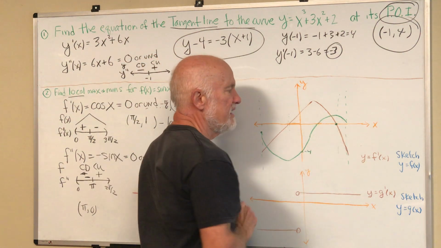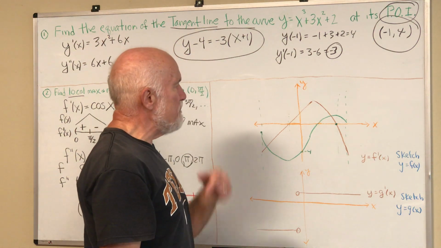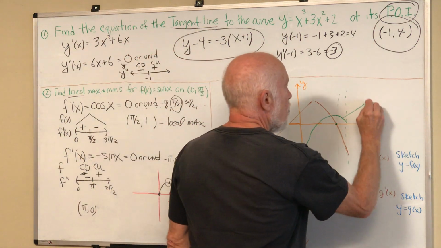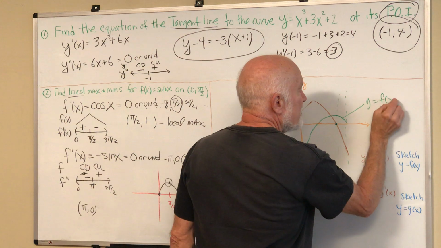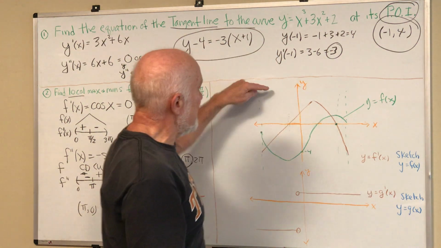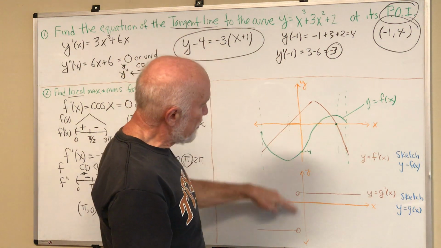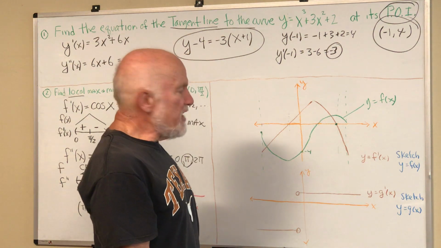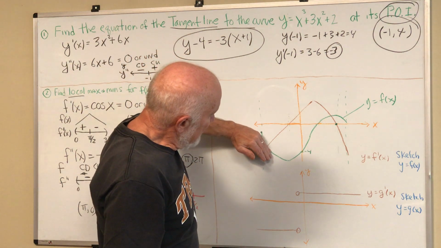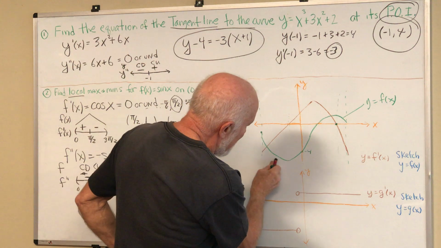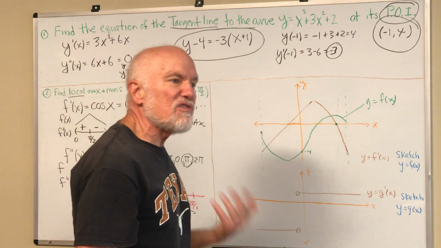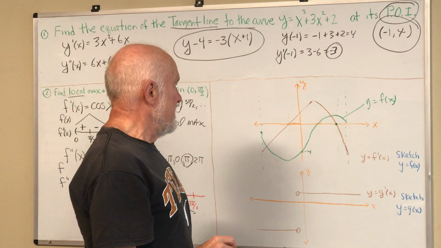And I do that, and I've got the shape of what y equals f of x will look like. And like I said, it could be a little higher up or it could be farther down. And we're not sure, it's possible that it could drop down a little bit farther, but we've got the basic shape of it.